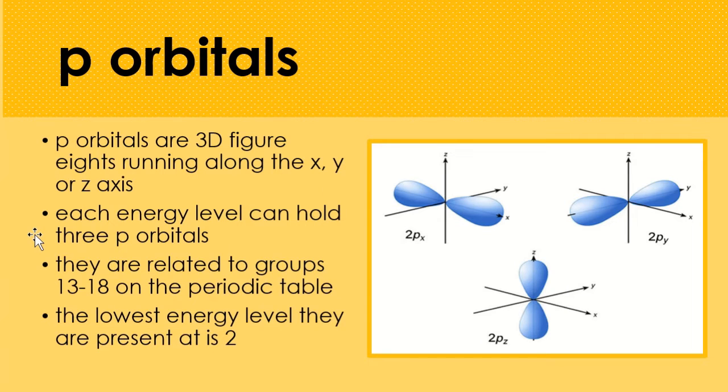As the radius increases, at the second energy level we have px that can also accommodate a maximum of 2 electrons. When you write the electron arrangement, as we write 2p, you will be writing 2px, 2py, and 2pz.